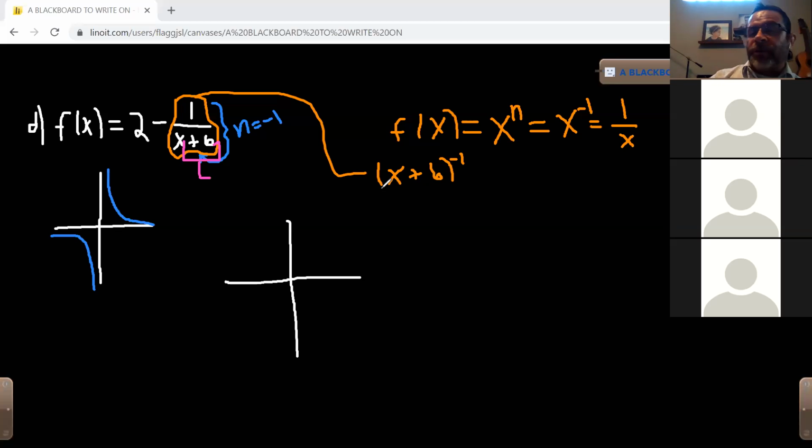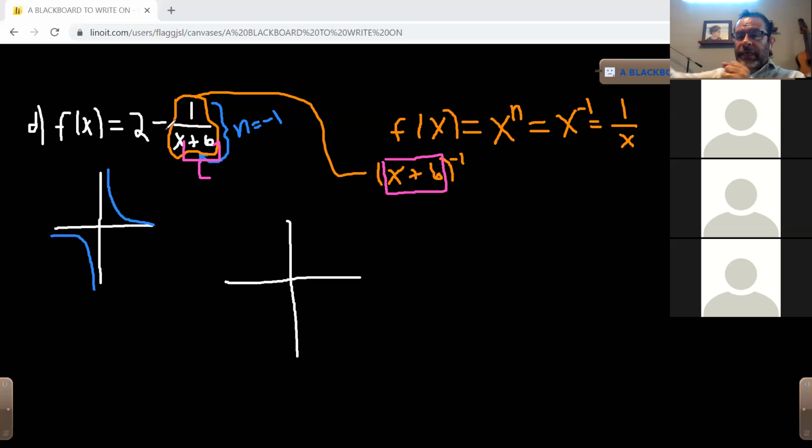Remember, and this is where I'm noticing some of you are getting stuck. Where is the 6? The 6 is inside the power function. Okay, you notice that it's inside the power function. So whenever it's inside the power, that means that the shifts are to the left or to the right.